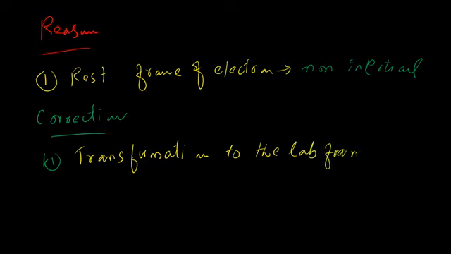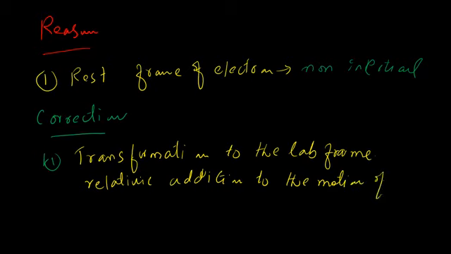When we make this transformation to the lab frame, it involves a relativistic addition to the motion of the electron. When this relativistic addition is made to the motion of the electron, it is known as Thomas precession.